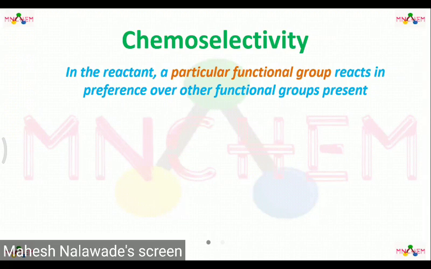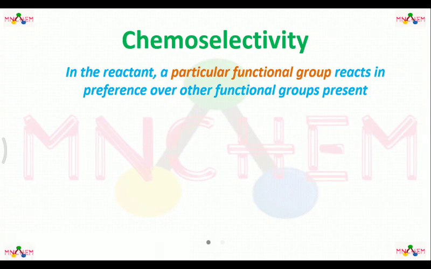So we can say in chemoselectivity, one functional group reacts keeping other functional group intact in a reactant under the reaction condition. This will be better understood with an example. Consider the reduction of meta-dinitrobenzene. In this compound, we have two nitro groups.